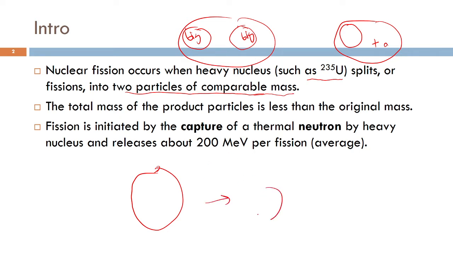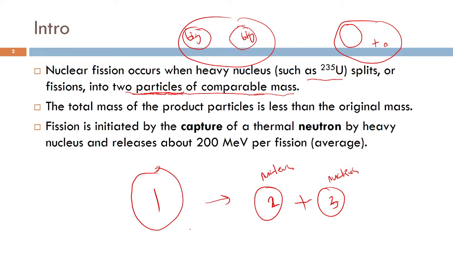After fission, you get two particles, not actually particles, but in fission it is better if we refer to the products as product nuclei. So this is nucleus 1, this is nucleus number 2, and this is supposed to be 3.